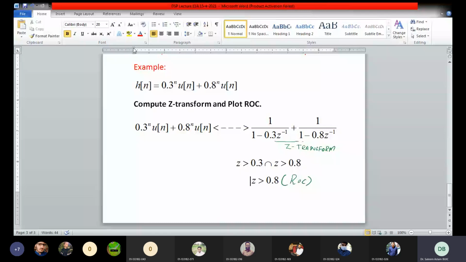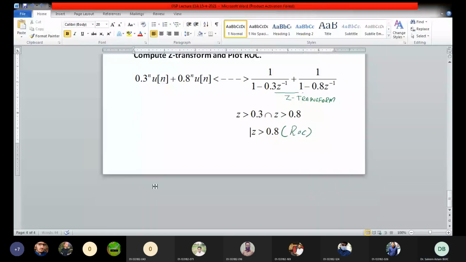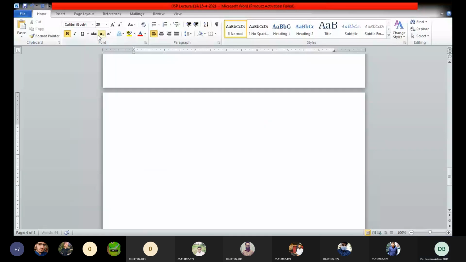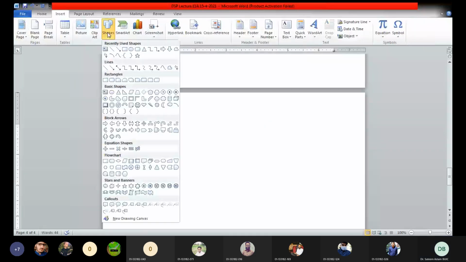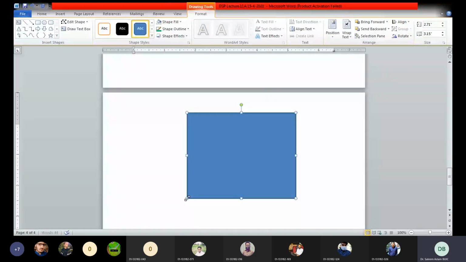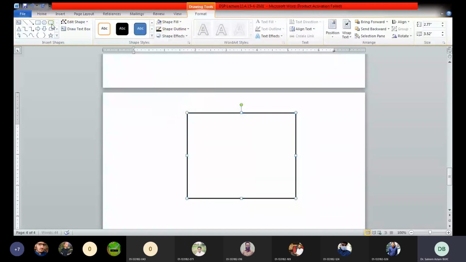Let me plot this. Let me plot it again. I am putting too much time on the right-handed sequence, so that when we jump to the left-handed sequence, you can grasp the concept very easily.